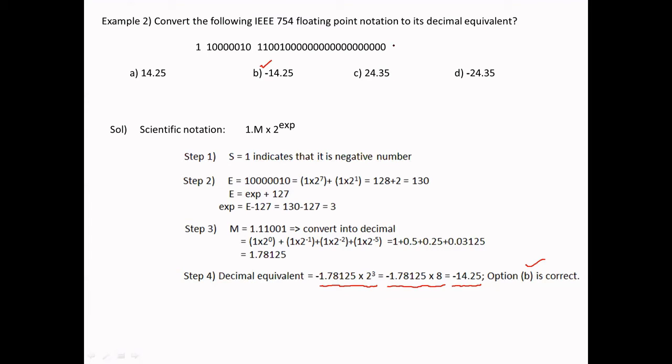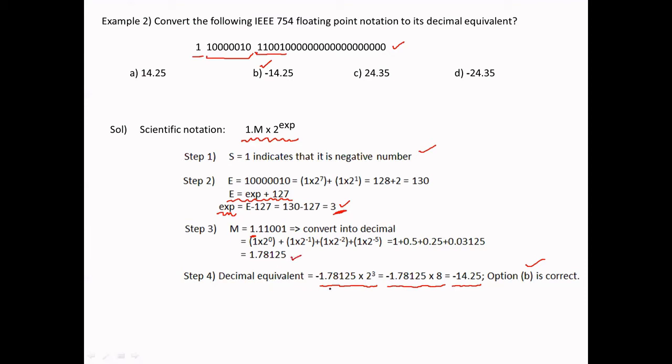So as a conclusion, when a 32-bit floating point number is given, how do we convert it to a decimal equivalent? We follow the scientific notation. The sign is already given, that is the first point. As a second step, capital E is given, and from that we find the original exponent, that is 3. And from the mantissa, that is 1.11001, where this 1 is implicitly available in the computer, we convert it into the decimal number.